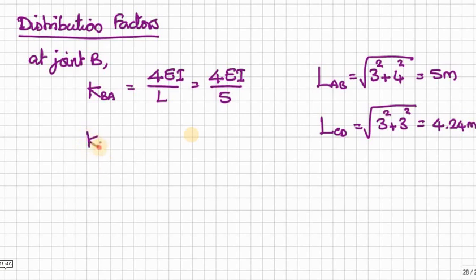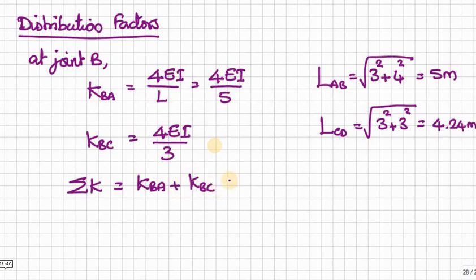Therefore, KBC is equal to 4EI by 3, because the far end C is a rigid joint, therefore 4EI by L. Then sigma K, summation KBA plus KBC, is equal to 32 over 15 EI.